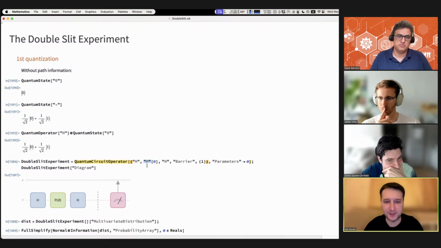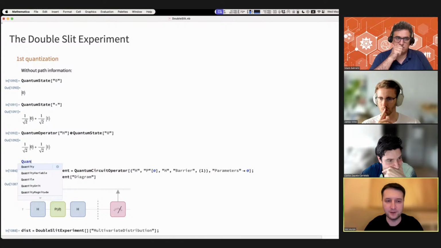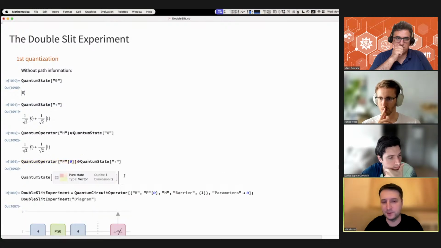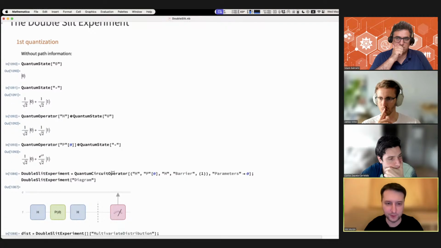That's usually done by the phase operator, which applies a shift to the one state, which you can interpret as one of the holes your beam is going through. So just one coefficient before the one appears when you apply this phase gate.